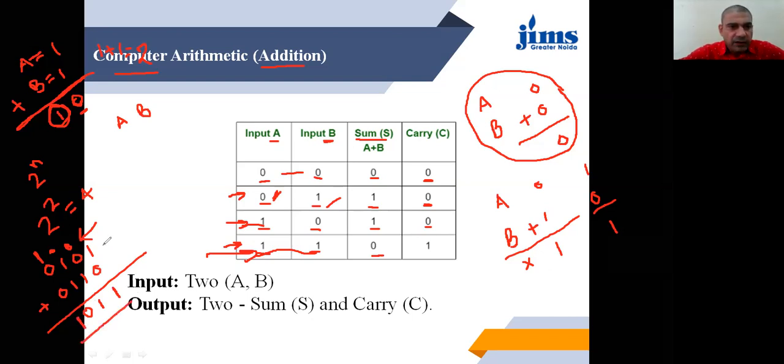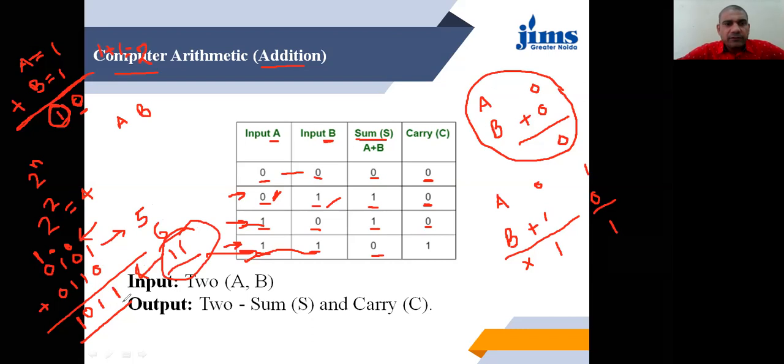If I convert these numbers from binary to decimal, this is equivalent to 5 and this is equivalent to 6. Then 6 plus 5 equals 11, and when I convert 11 from decimal to binary, it equals 1011.